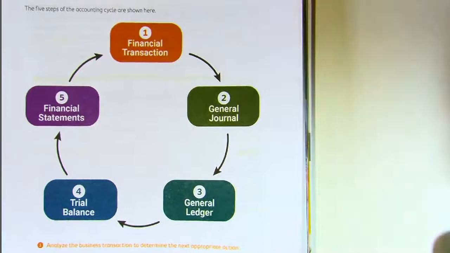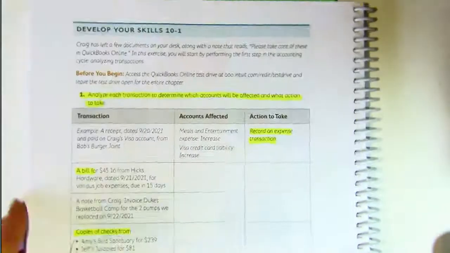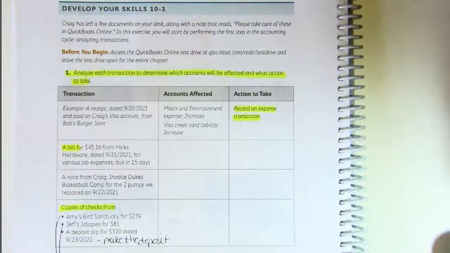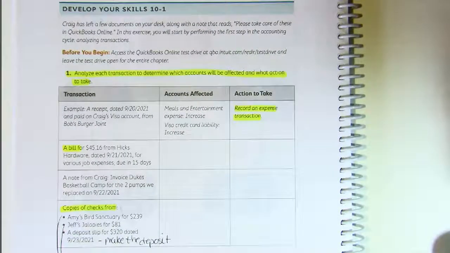So we already know, because I've been pointing out to you, that steps 2 and 3 are performed by QuickBooks. All you do is fill out a form, and then QuickBooks behind the scenes records the journal entry and posts it to the general ledger accounts.